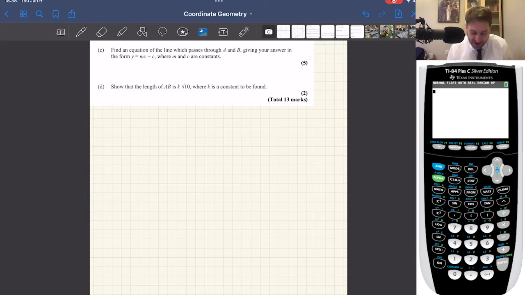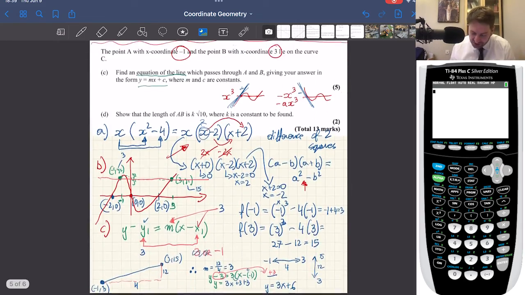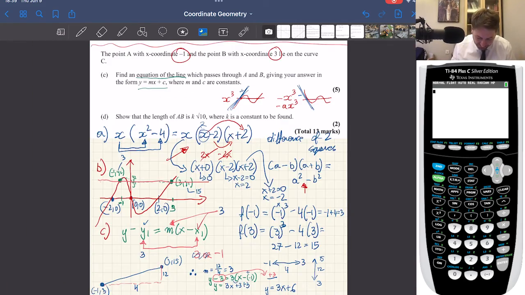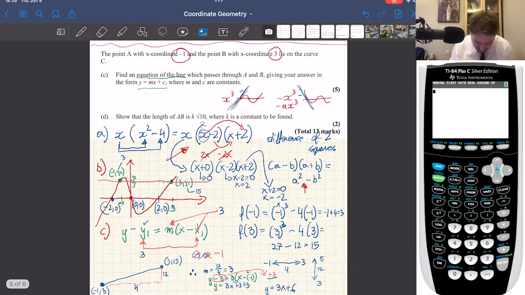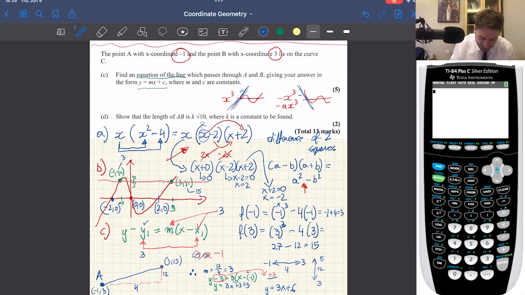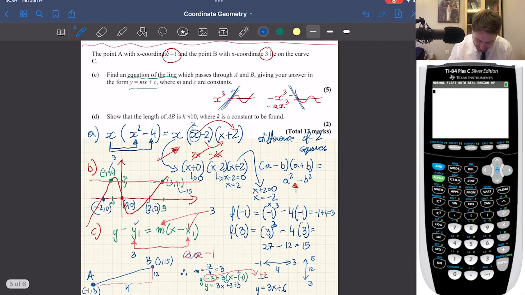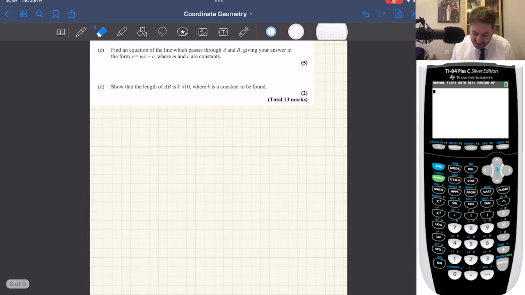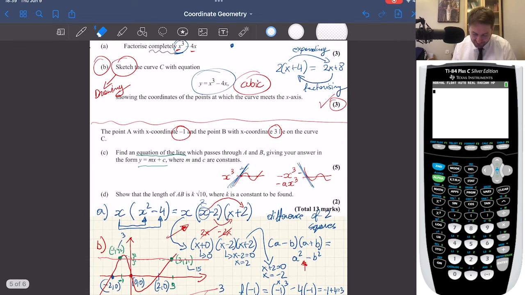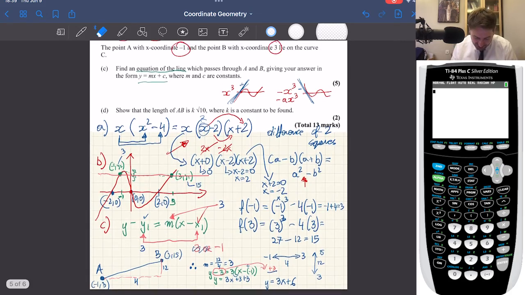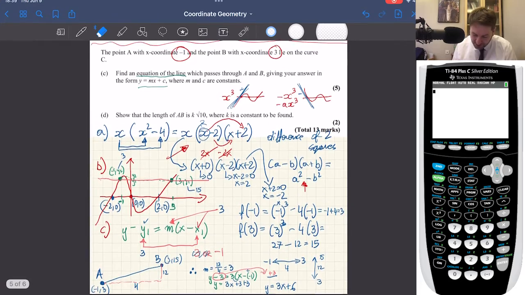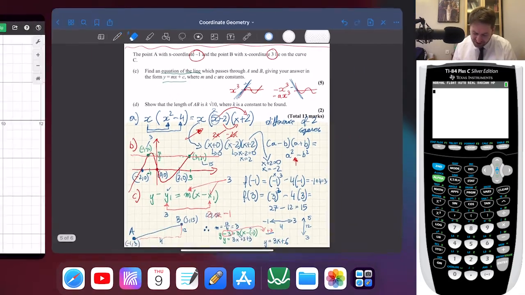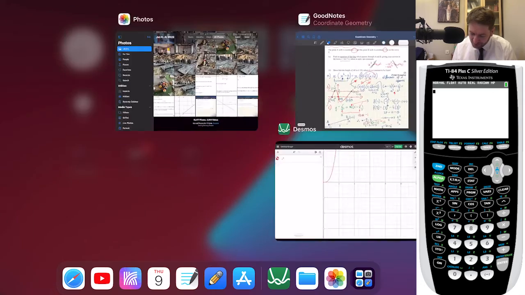Now they say that this line AB, because they were called A and B, right? They say that we need to find the length of that line. So we have -1, 3 and 3, 15. And we already know the triangle is 4 and 12, right?